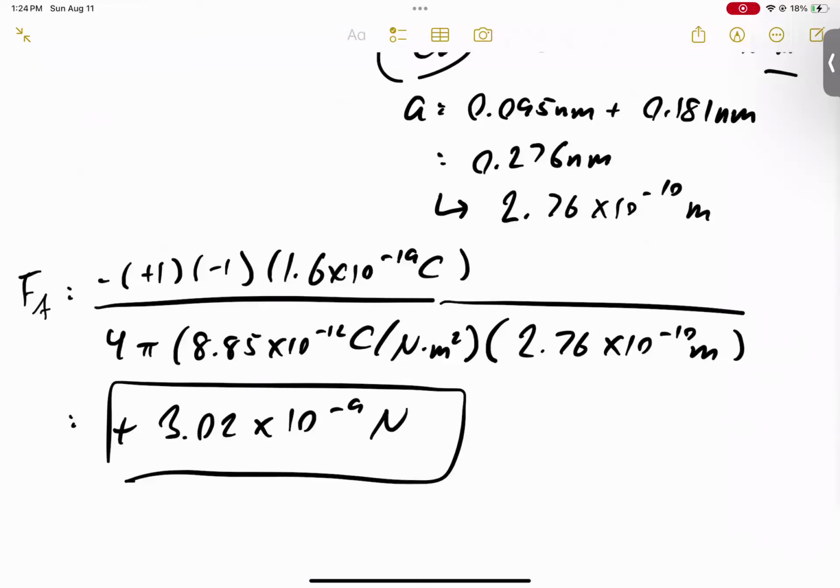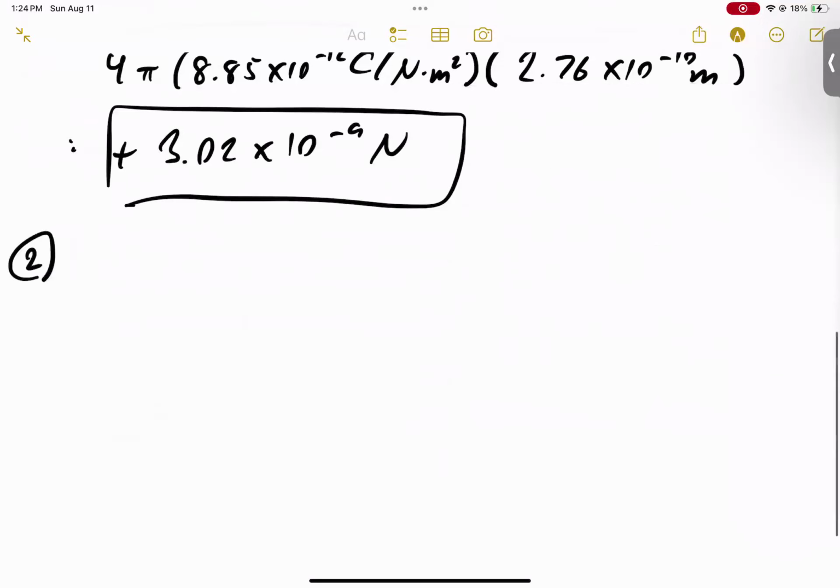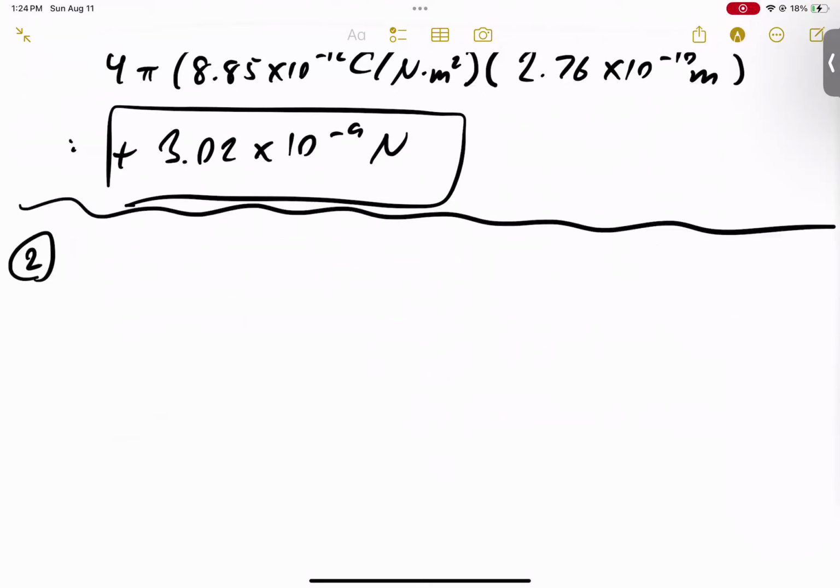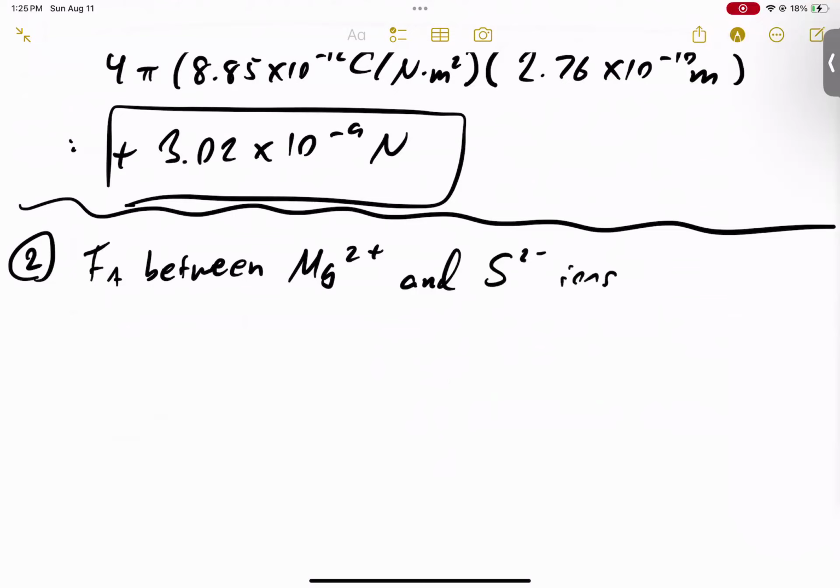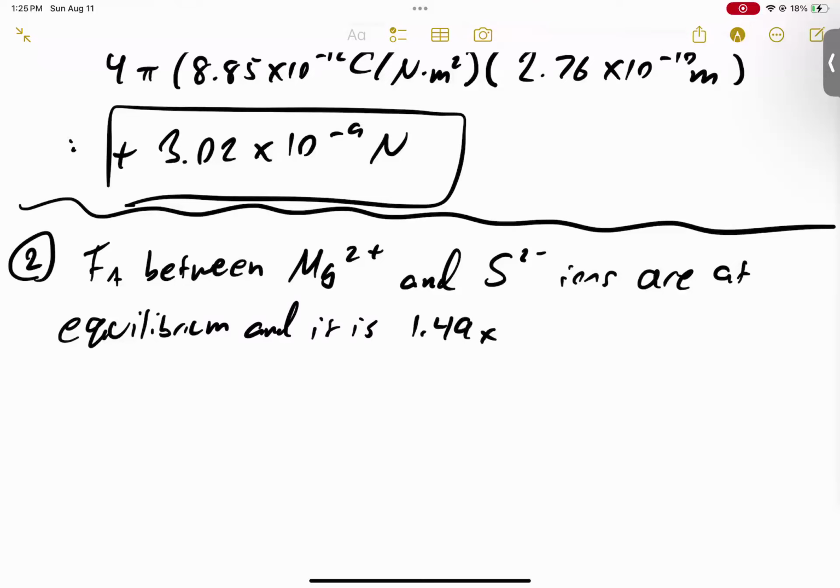If the attractive force between magnesium, so FA between Mg2+ and S2- ions, is at equilibrium, and it is referring to the force of attraction, 1.49 times 10 to the negative 9th newtons.